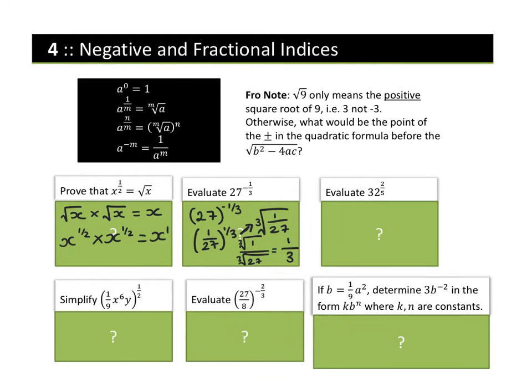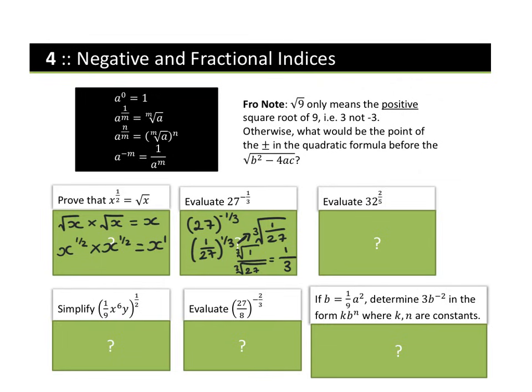Next one, evaluate 32 to the power of 2 over 5. 32 to the power of 2 over 5 can be written as the fifth root of 32, all squared. Whatever the denominator is is what we put the root to, and whatever the numerator is is what we put the power of.